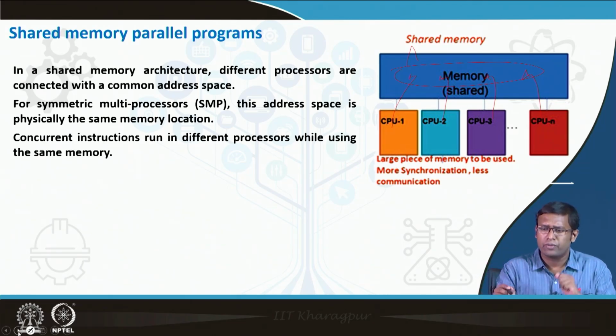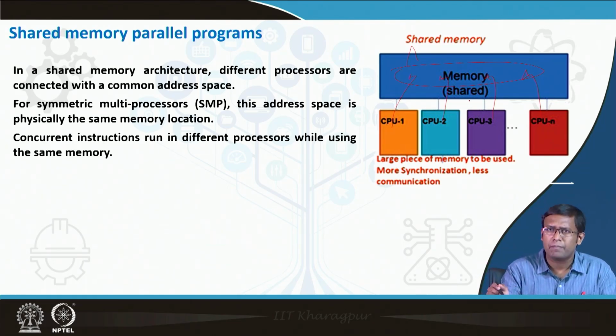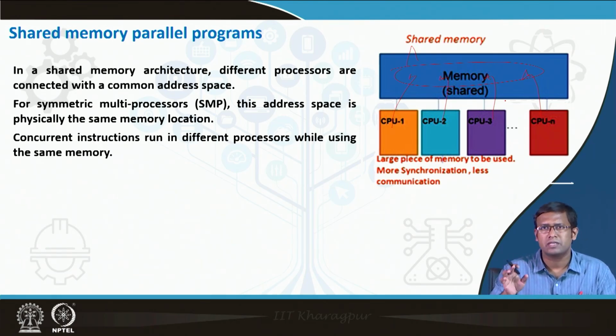It might be a symmetric multiprocessor where physically the same memory is connected with different processors, or a non-uniform memory access multiprocessor where different computers with independent memories are connected via an interconnect switch, and all these independent memories are mapped to a global address space.